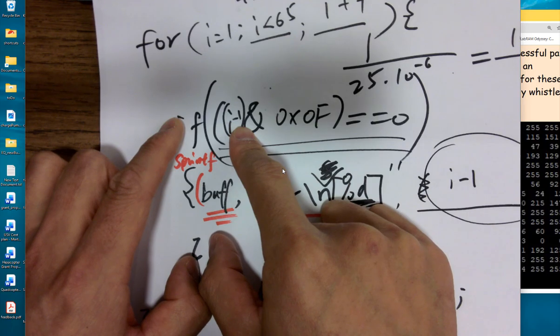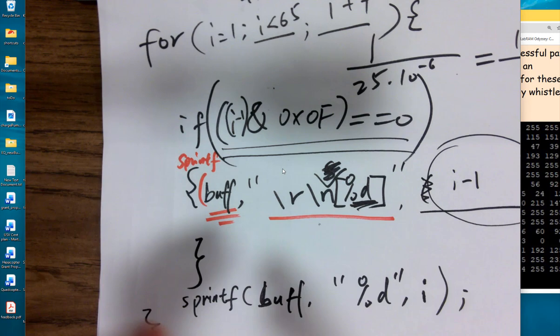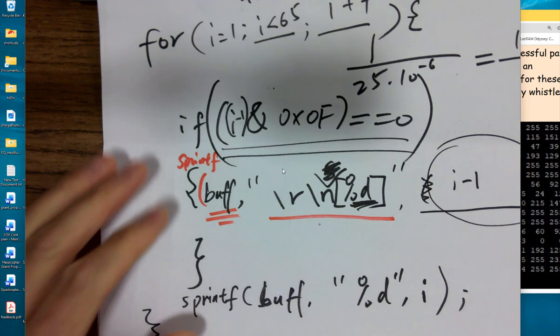I minus 1. Oh, and 16 works actually. 16 works actually. Is that correct? Back to 16, and then on 17 it'll switch and print 16.